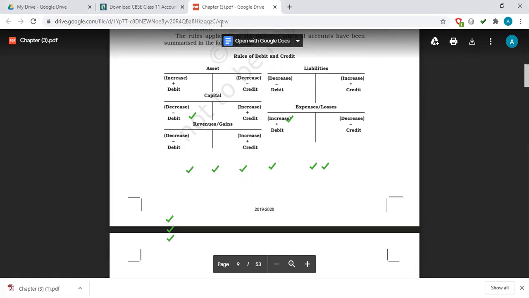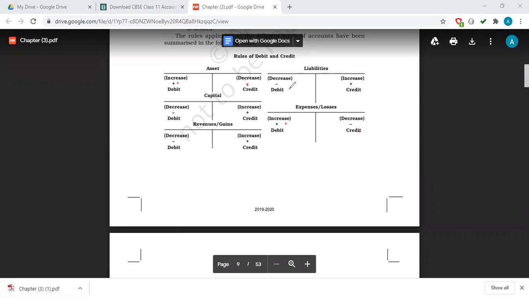Assets: increase in asset, debit; decrease in asset, credit. Expenses: increase is debit and decrease is credit.